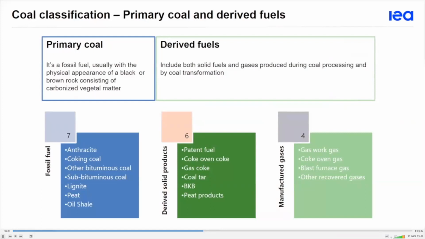We have also derived fuels, as we had secondary oil products, and we can have some derived solid products from activities such as coal tar, coke, or patent fuels, and also some manufactured gases that are some of the outputs of activities in the metallurgical sectors, for example.